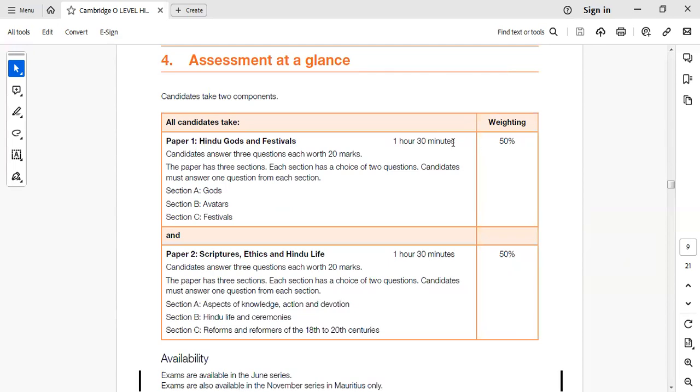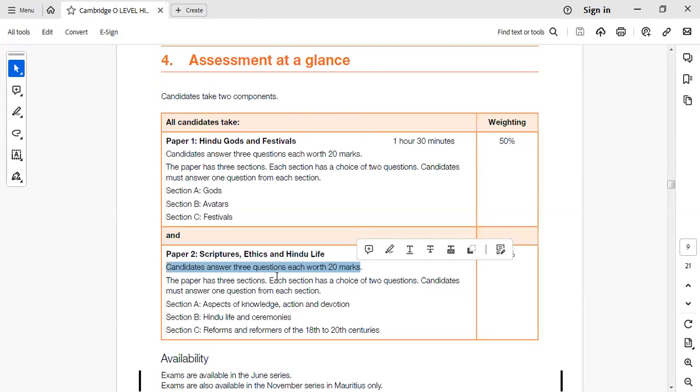So paper 1, 1 hour 30 minutes, weightage 50%. Paper 2, 1 hour 30 minutes, weightage 50%. You will notice that you need to answer 3 questions, in both paper 1 and paper 2, the same criteria.